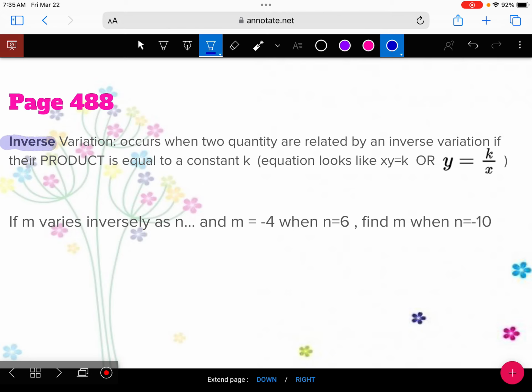So an inverse variation, you can write it in two different ways. You can do it as x, y equals our constant. Or you could divide both sides by x and get k over x equals y.